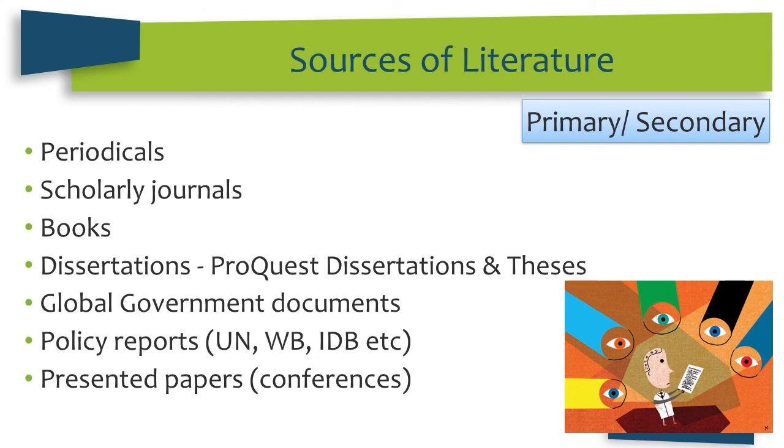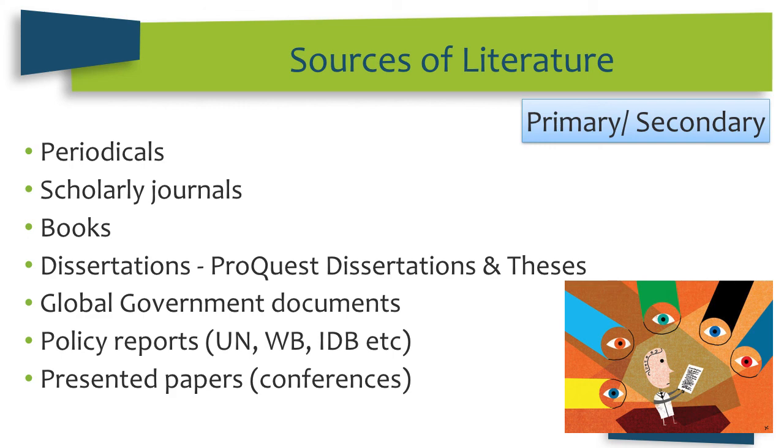So out of the many types of sources that we have for literature, some are listed, for example, periodicals, scholarly journals, books, dissertations, global government documents, policy reports, and conferences, etc. But not all of them are equal. Later in this lecture we'll discuss some of them, but you must understand that some sources are scholarly sources, others are for a broader range of audience, not only for scholarly audience.